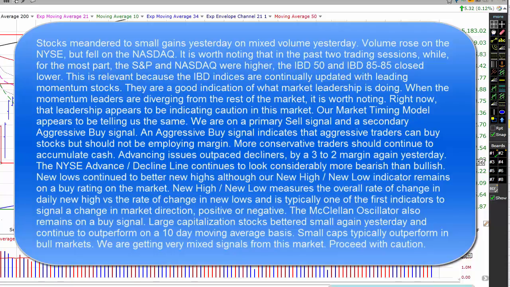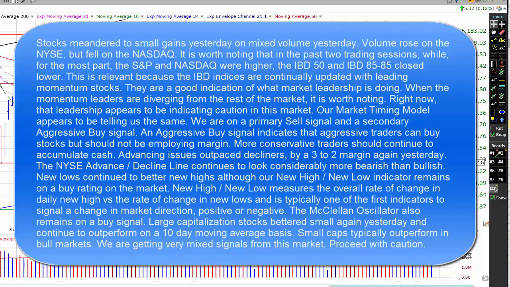Our market timing model appears to be telling us the same thing. We're currently on a primary sell signal with a secondary aggressive buy signal. An aggressive buy signal indicates that aggressive traders can buy stocks but should not be employing margin at this point. More conservative traders should continue to accumulate cash.